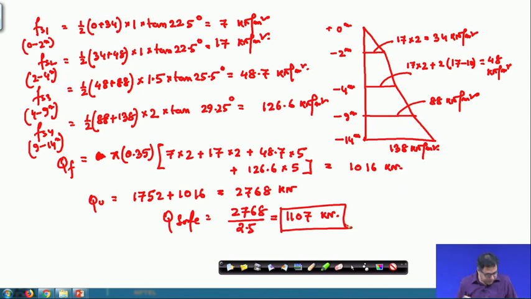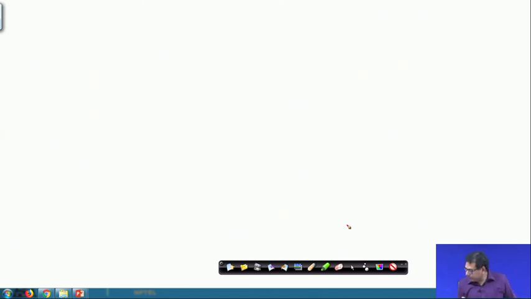Okay. Now I will consider the critical length concept for the same problem, and then we will see how much difference there will be. The same problem, if I consider the critical length.